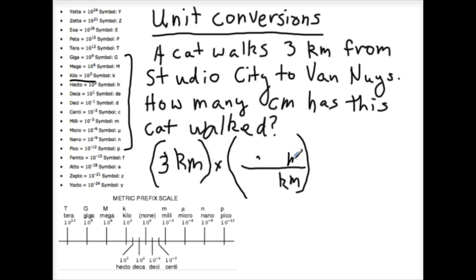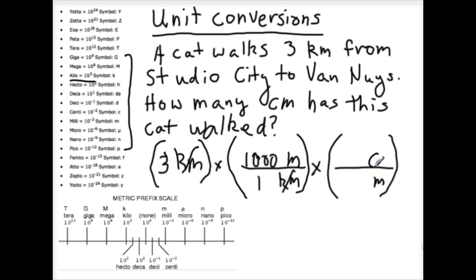It's the first ratio that you saw. This allows me to cancel out my kilometers, and then I can multiply this also by 100 centimeters over 1 meter, which allows me to cross out the meters.